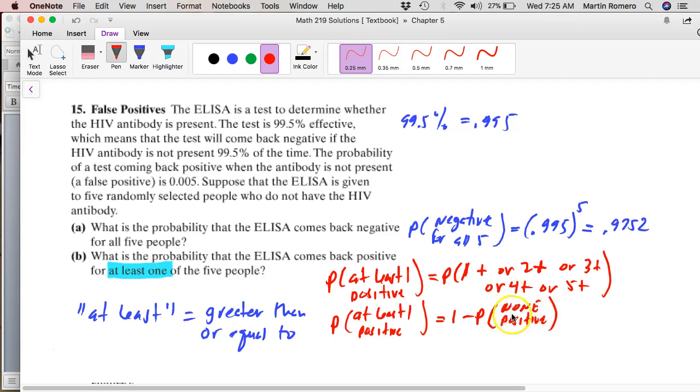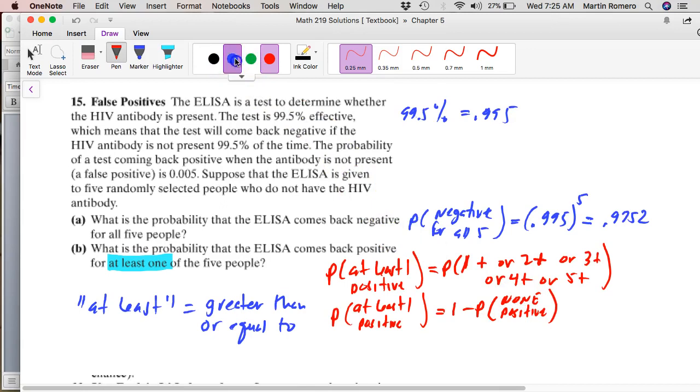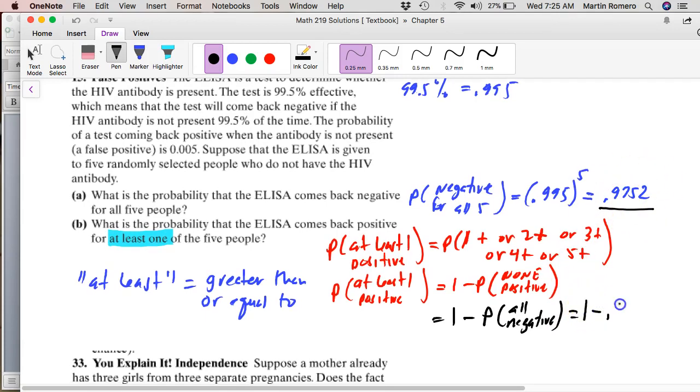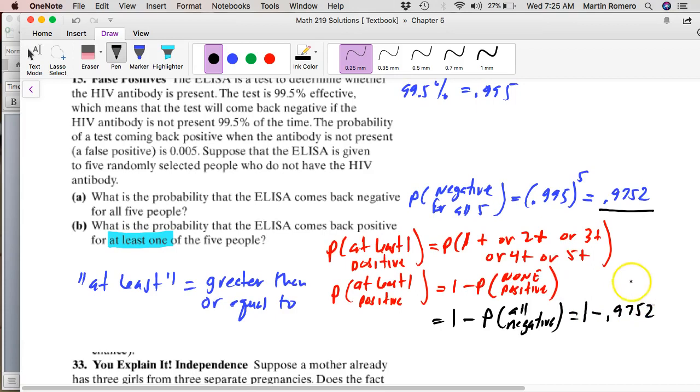If you think about it carefully, none positive means they're all negative. And so to get this answer, there's a shortcut. We just use the answer here, which was easy to calculate. And so it's 1 minus 0.9752.